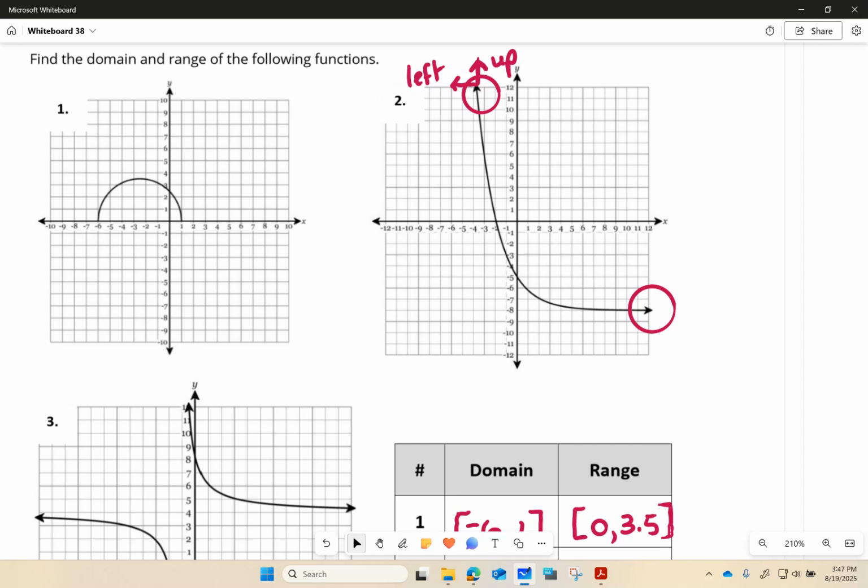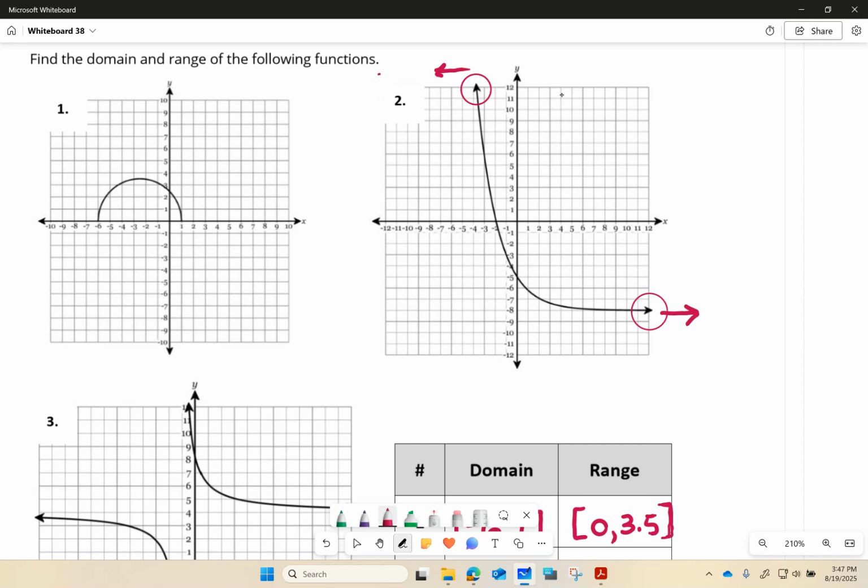Well, we're getting ready to do domain. So when I'm looking at those graphs, domain means I'm looking at it with respect to left and right movement. So this graph, is this arrow moving left or right? Well, currently it's moving left. Is this arrow moving left or right? Currently it's moving right.